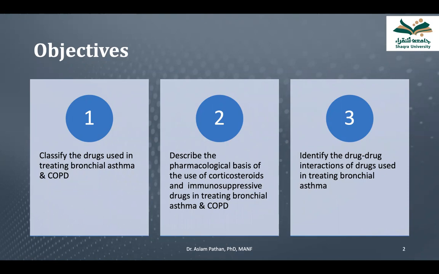Describe the pharmacological basis of use of the corticosteroids and immunosuppressive drugs in the treatment of bronchial asthma and COPD, and identify the drug-drug interactions of drugs used in treatment of bronchial asthma. In previous lectures of bronchodilators, we already discussed the pharmacology of bronchodilators and drug-drug interaction.